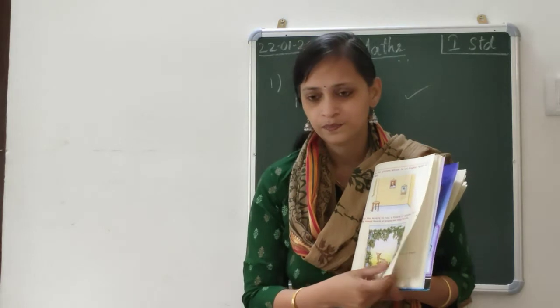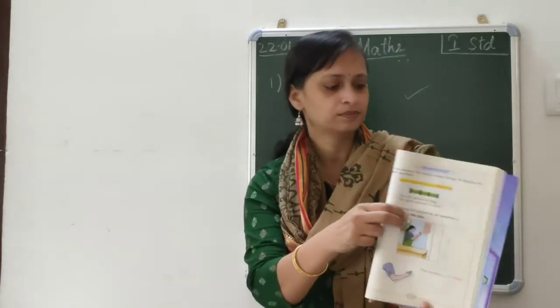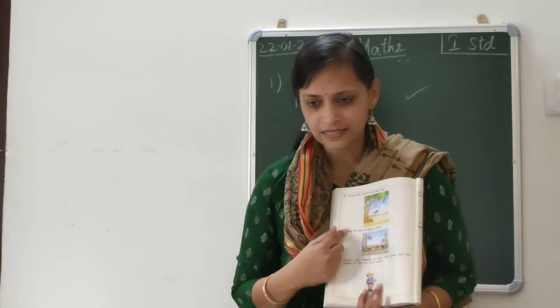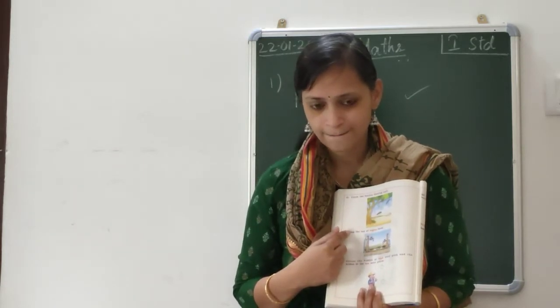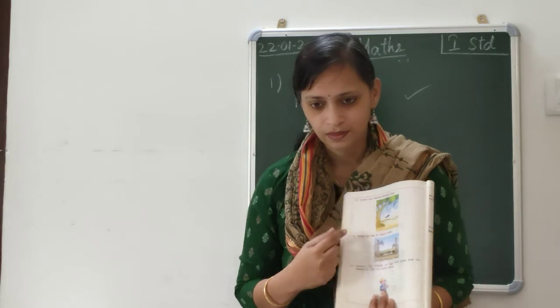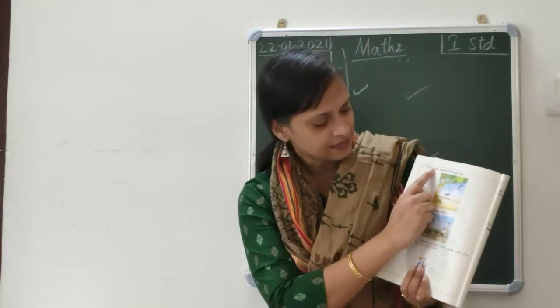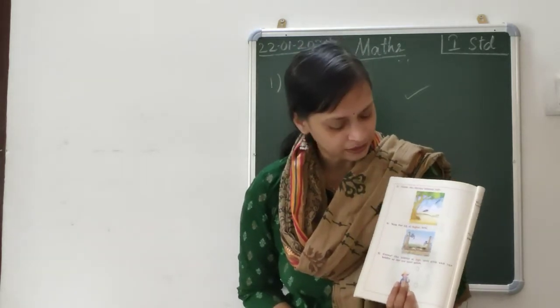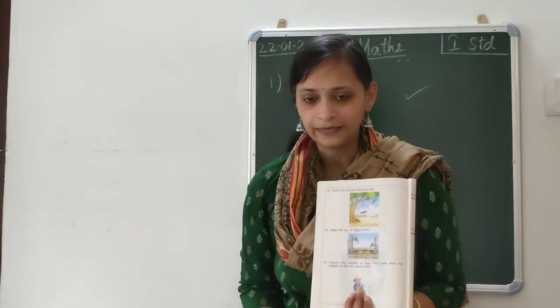Next, turn your book. Page number 176. Circle the feather floating high. You have to circle the feather which is floating high.